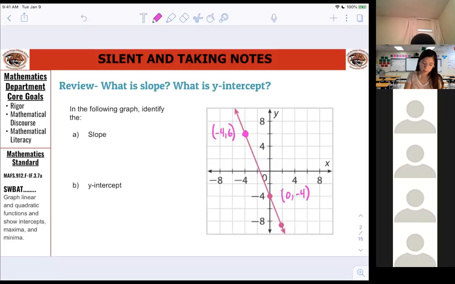Okay. So I want you guys to figure out what is the slope. Calculate the slope using whichever strategy you prefer. You can do rise over run, or you can use the slope formula. Up to you.